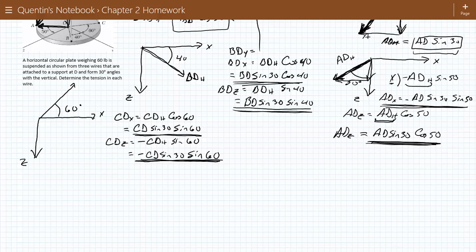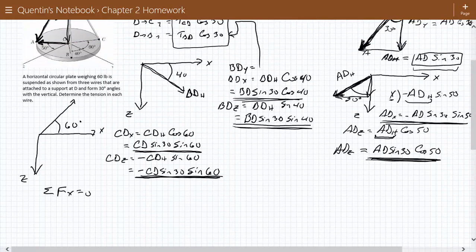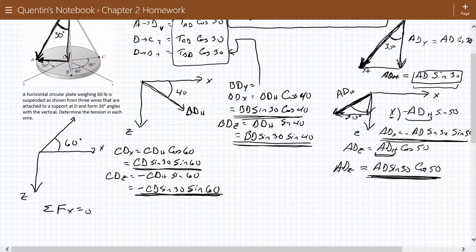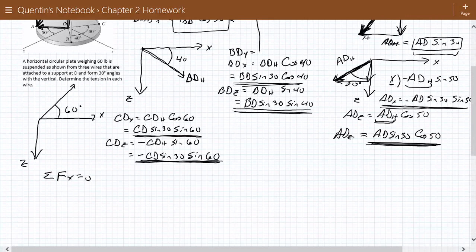We have our sum of the forces in x equals 0. Well, there are no external forces, so the only things are the three forces as written in the x direction: the BD, the CD, and the AD. So let's write those down.